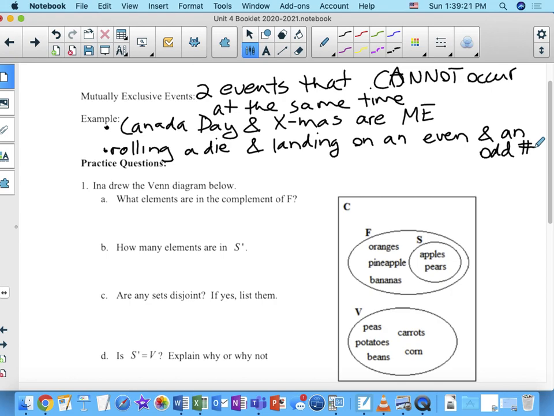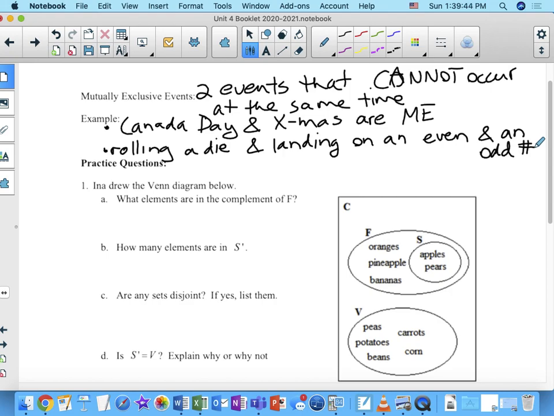So that's just to contrast something that maybe wouldn't be mutually exclusive, right? Or, for example, Christmas and a day in December are not mutually exclusive, right? Those two events can occur at the same time. Or Christmas and a Wednesday are not mutually exclusive because Christmas could happen on a Wednesday.